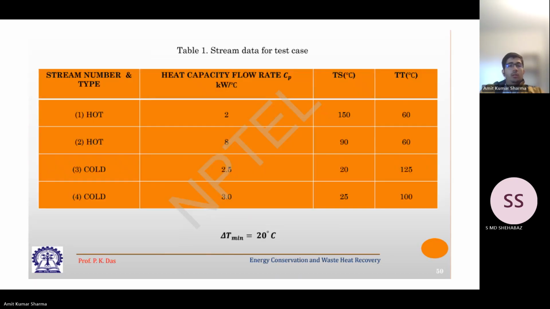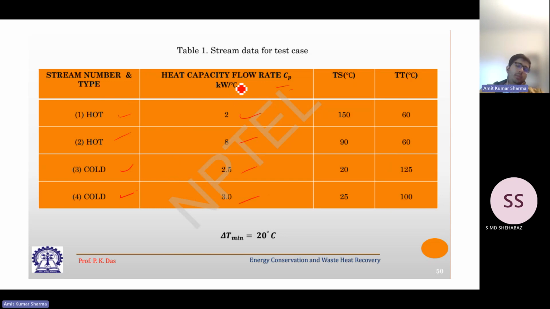Okay. So I think an example is there. We have given the hot streams and the cold streams. This detailed example has been explained already in the class. Okay. So for detailed in-depth understanding, you can refer to the class notes. We have given the heat capacities, like CP, it's 2, 8, 2.5, and 3.0.